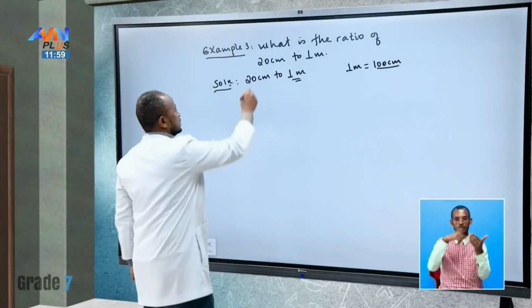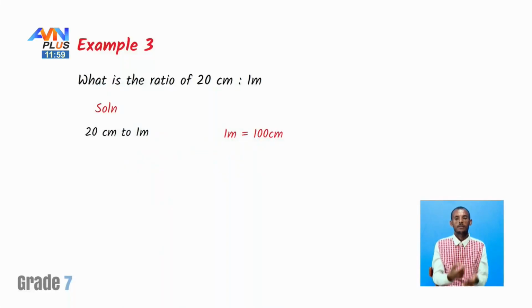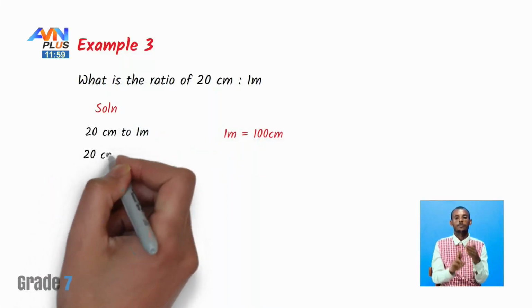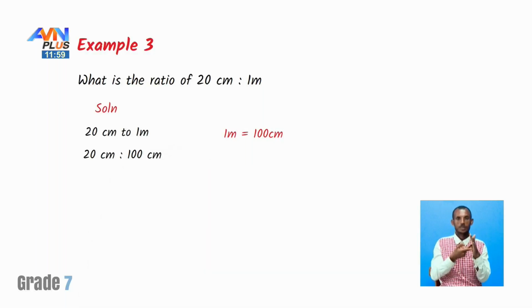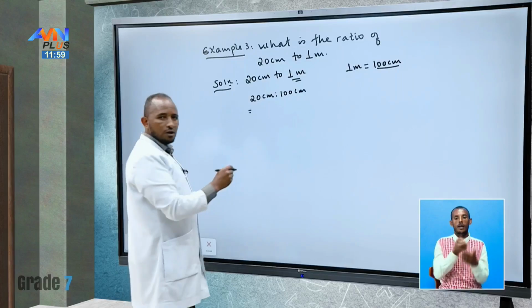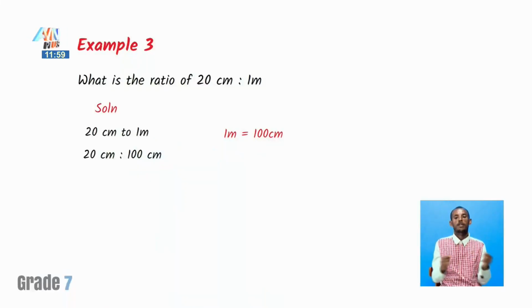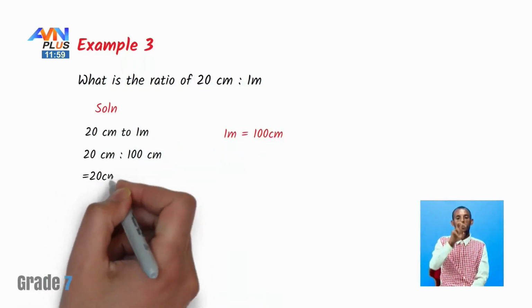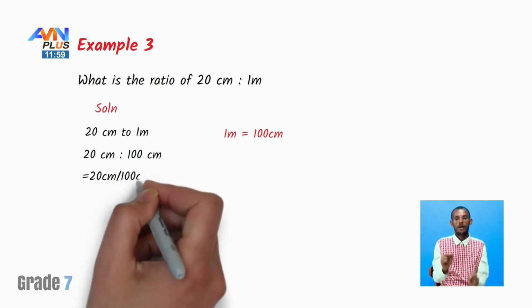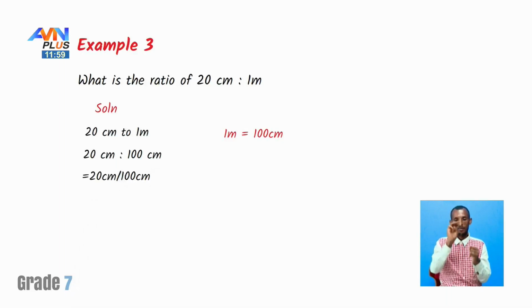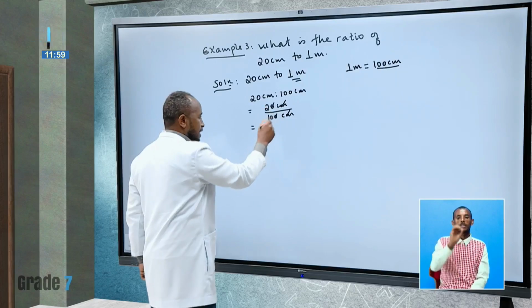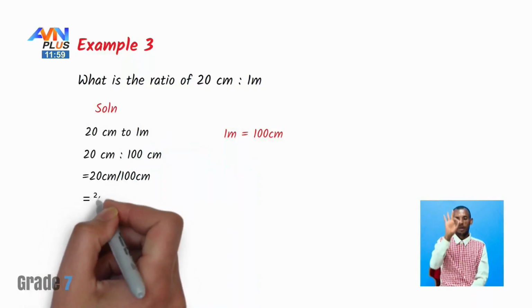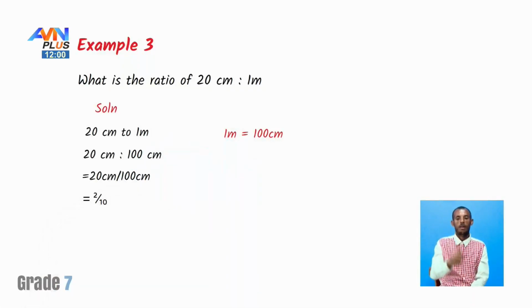Therefore, here we are asked to find the ratio 20 centimeter to 100 centimeter, and I can write this ratio in fraction form. 20 centimeter over 100 centimeter. Centimeter cancel out, and here again 0 cancel out, and you have 2 over 10.